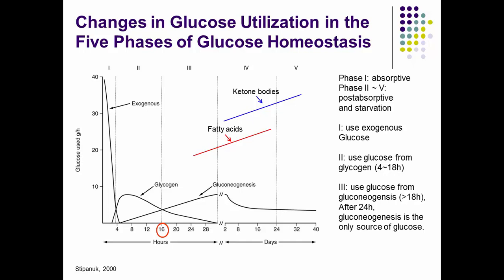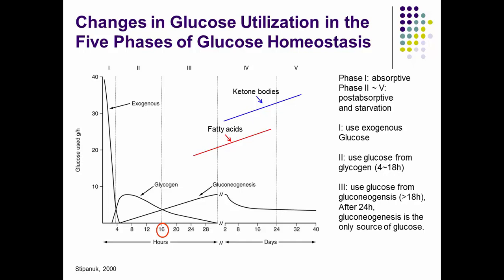Phase 1 is basically the absorptive phase, 2 to 3 hours after a meal. Phases 2, 3, 4, and 5 are considered the starvation period: the early, intermediate, and prolonged starvation periods. And then we'll see how our body utilizes different energy fuels.